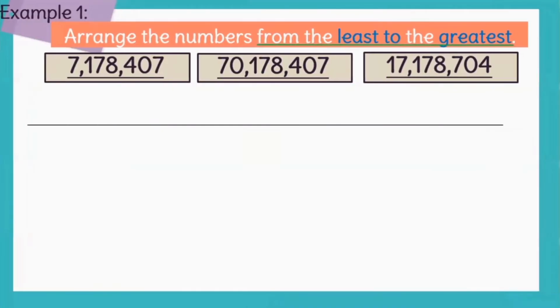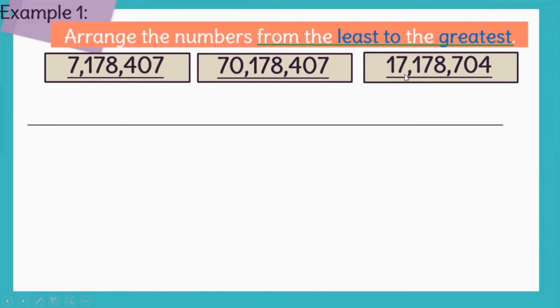Here is our example number 1. Arrange the numbers from the least to the greatest. So we have here the three numbers, right? 7,178,407. Second one, 70,178,407.